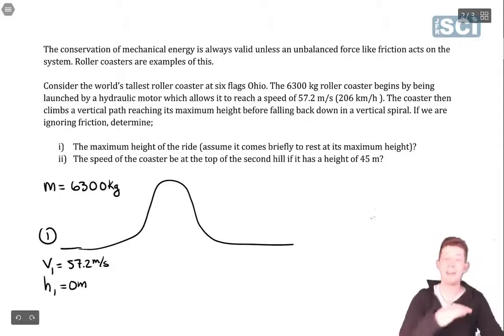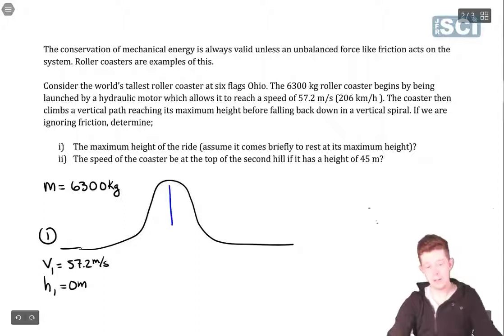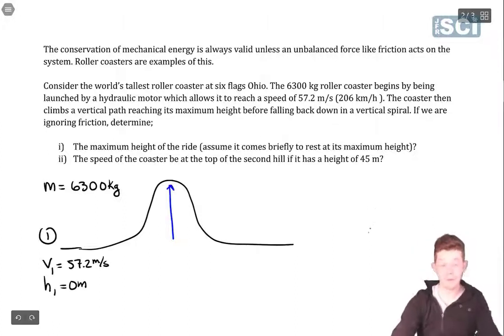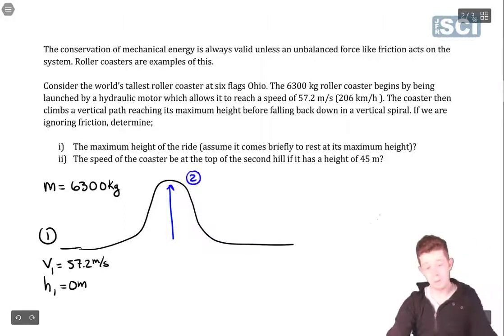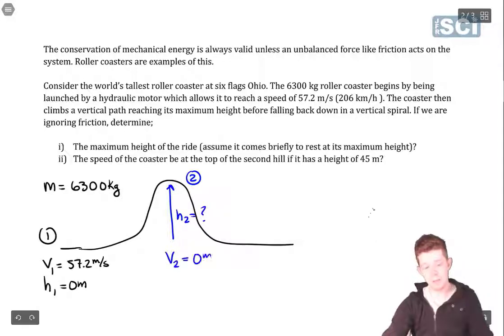Let's define the initial height as 0. So any height that I calculate, i.e. the top of the first hill, will be what we'll call h2. It will be the height of that hill. And we're going to say at that location, the speed will be 0 meters a second.